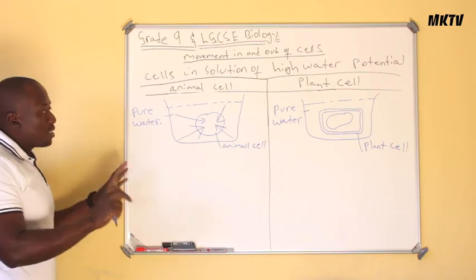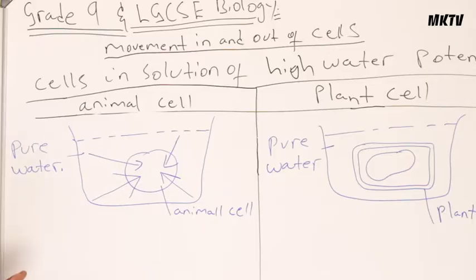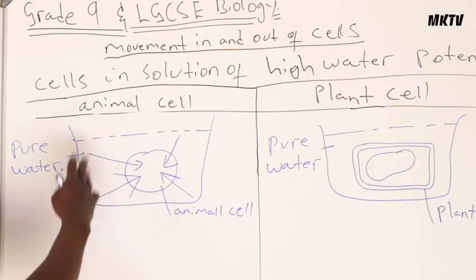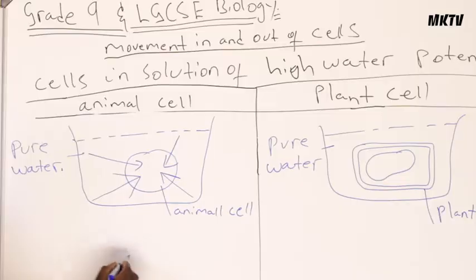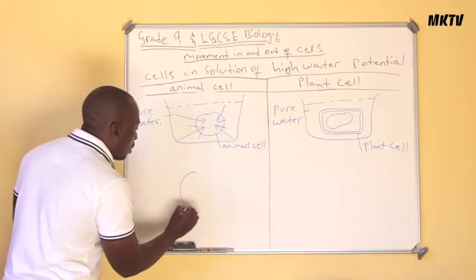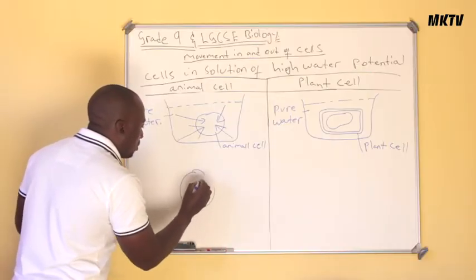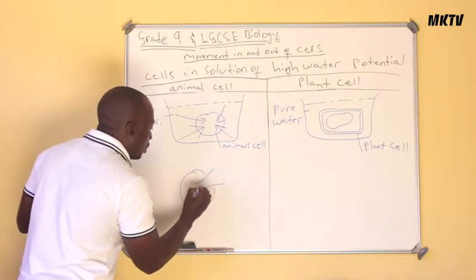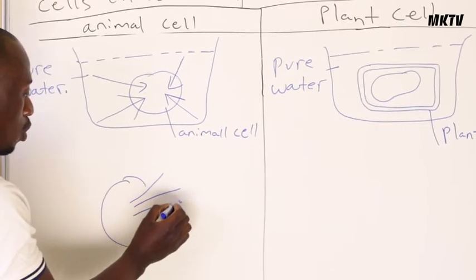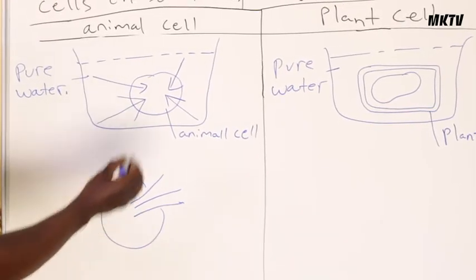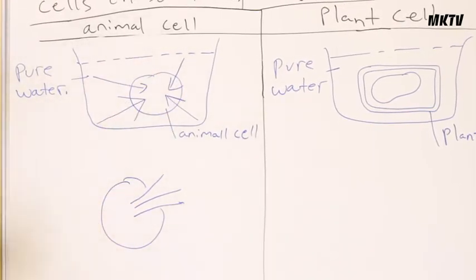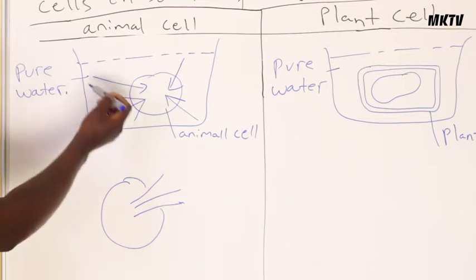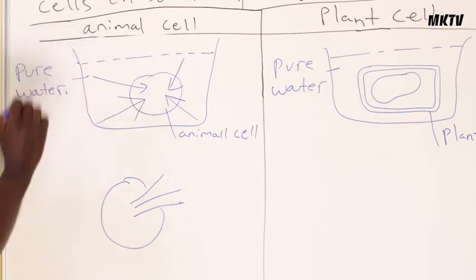It is going to burst because it has got no cell wall. Therefore, so much water is going to move in until this cell bursts, which means it couldn't hold on because of this water that keeps coming in, because of the pure water in which the cell has been placed.